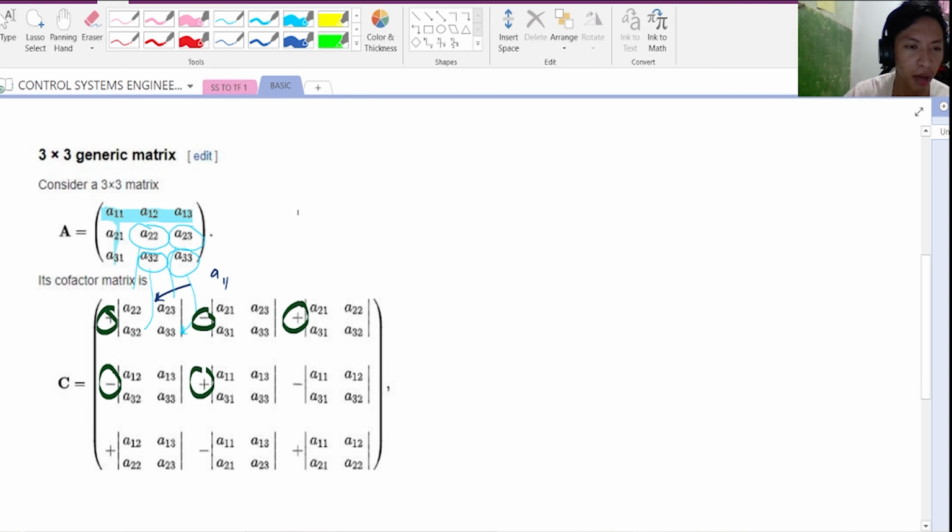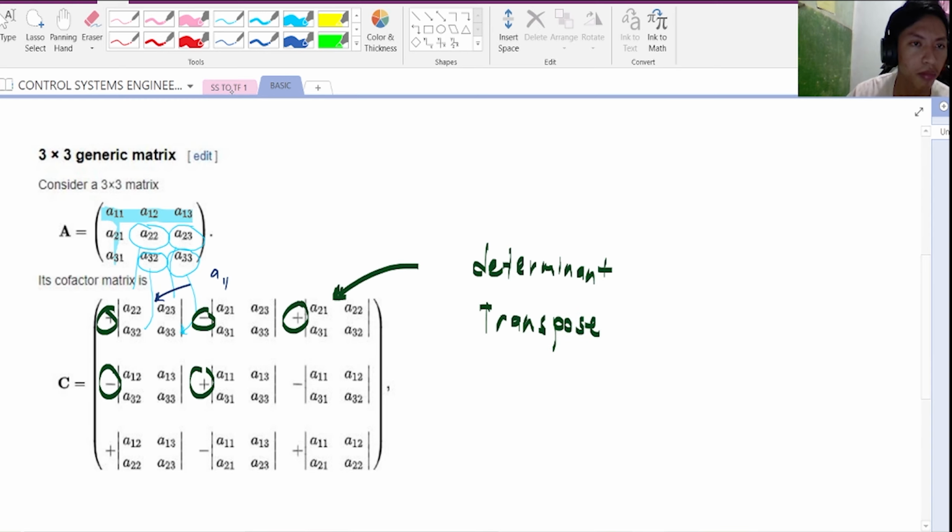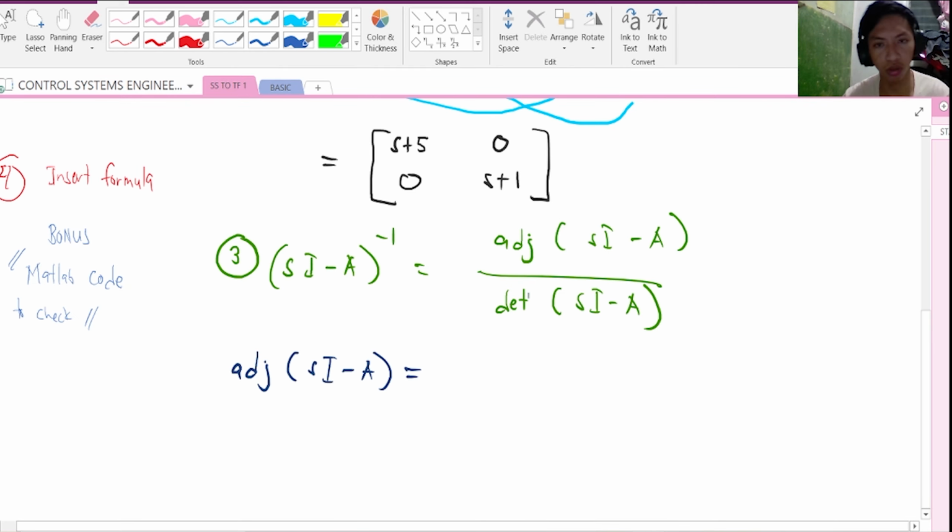By the way, after you've done that, we're going to find the determinant and then transpose. But again, with just 2 by 2, we don't have to find the determinant and then transpose that. Okay?